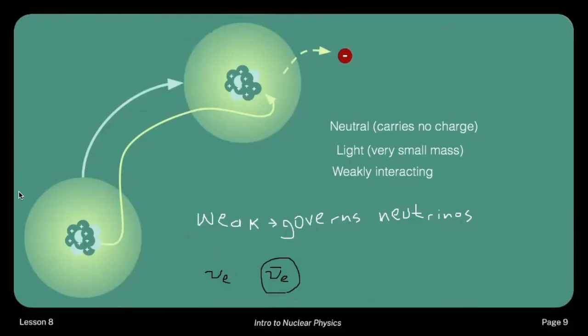And when it underwent beta plus decay, it emitted a positron and a regular electron neutrino. So up here where we have an example of beta minus decay, we know that there must have also been an anti-electron neutrino that was emitted.